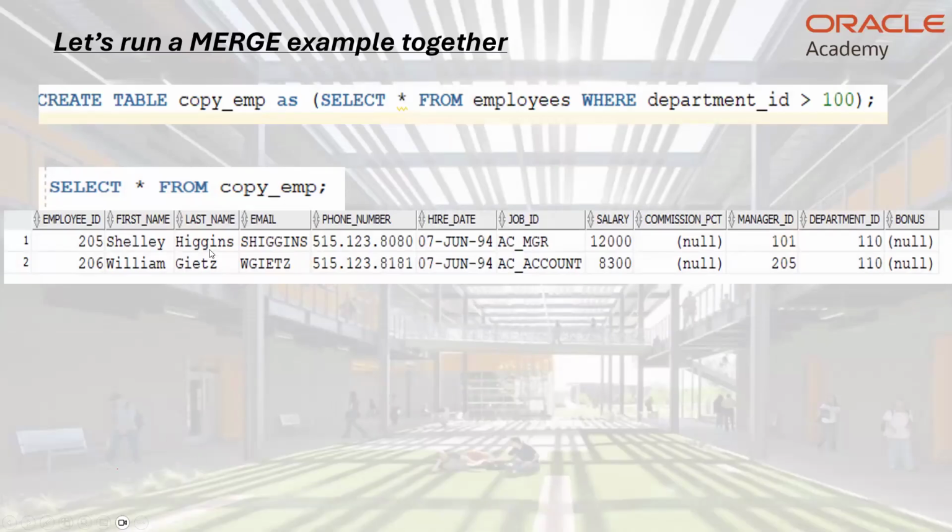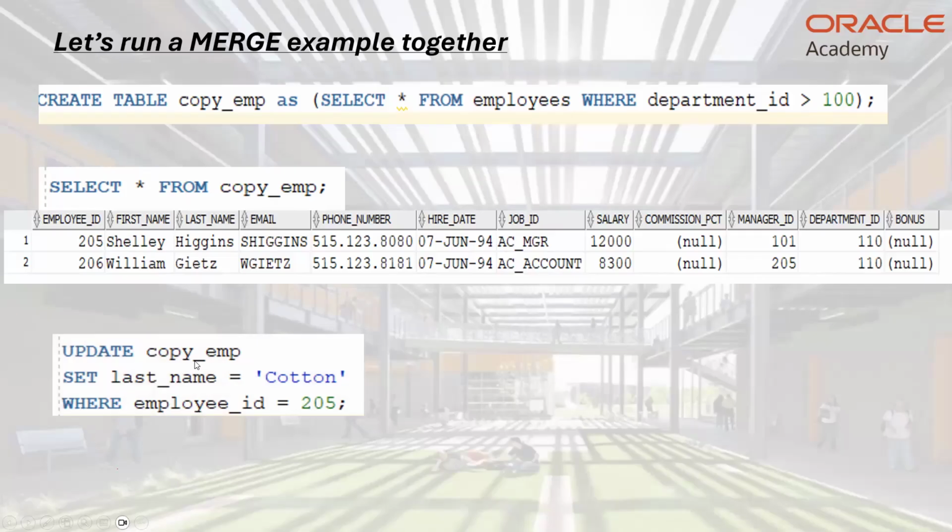Actually, this one, I'm only copying the employees in department ID greater than 100. So that only copied 2 employees, Shelley Higgins and William Gietz. Those are the records in my copy employees table.